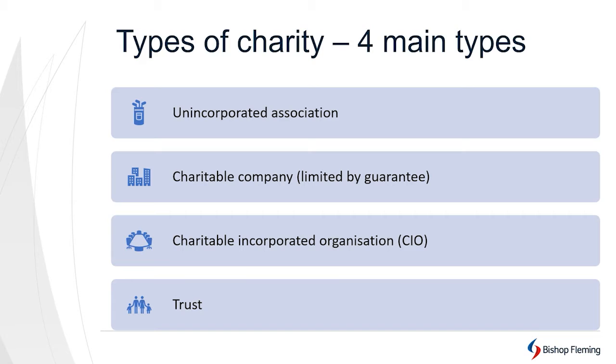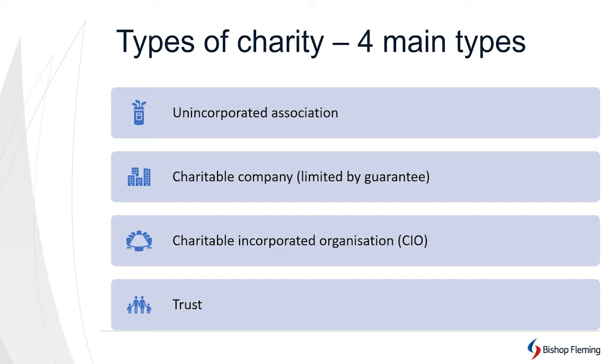They don't have to comply with Companies House or any company law. So they're the smallest and probably the simplest type of charity we come across, largely used for small sports clubs and things like parent teacher associations in schools.